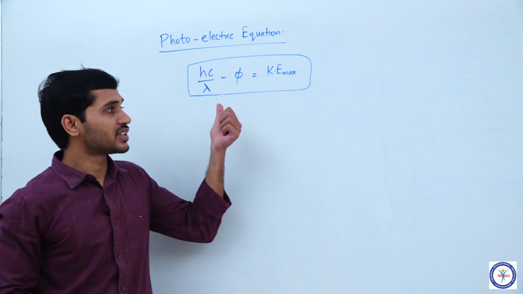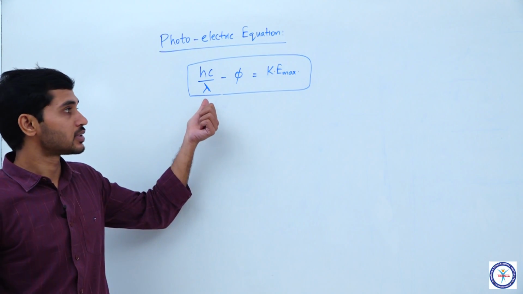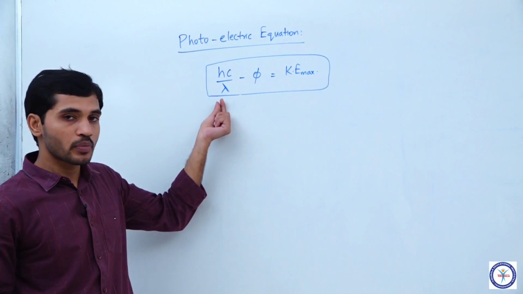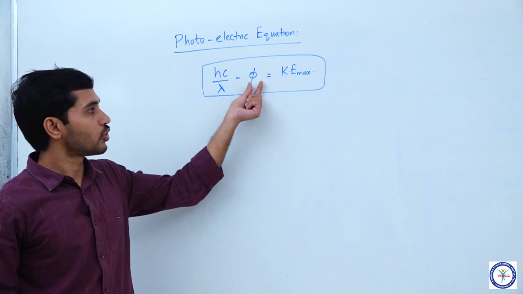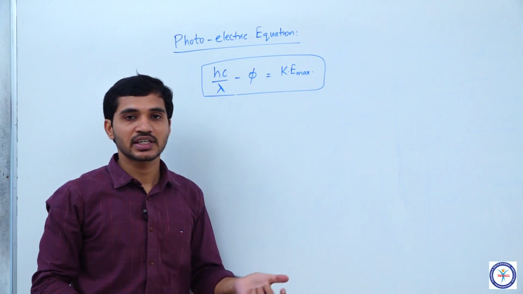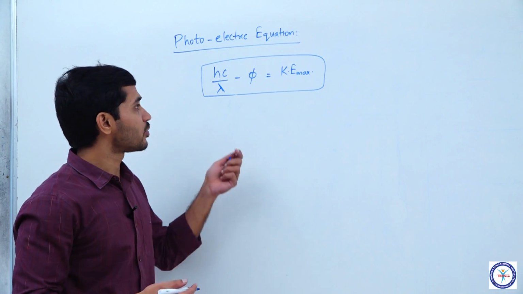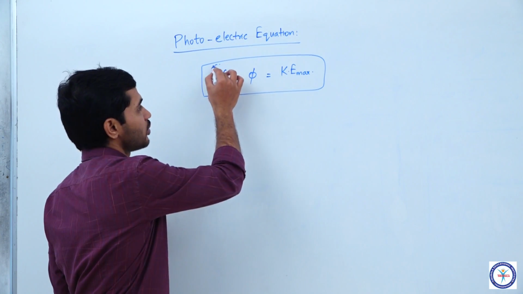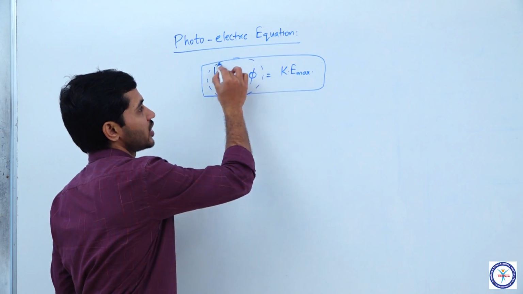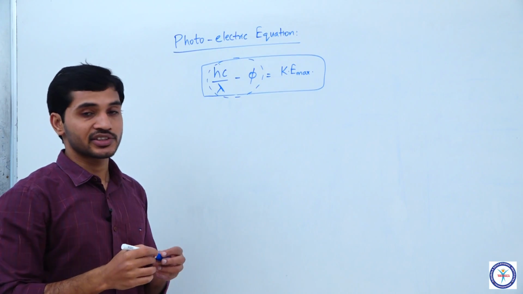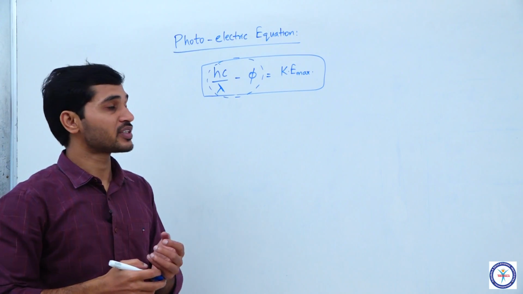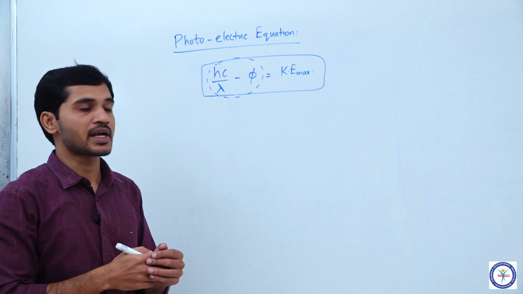hc by lambda is the energy that the photon possesses, and when that energy is absorbed by the electron, it utilizes phi amount of that energy to come out of the bounds of the material, and it has a remaining hc by lambda minus phi amount of energy, which appears as its kinetic energy, or to be very precise, it may appear as its kinetic energy.